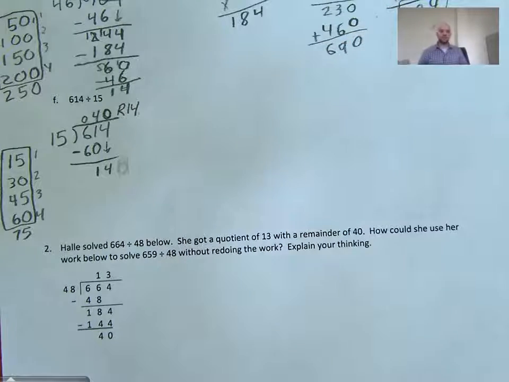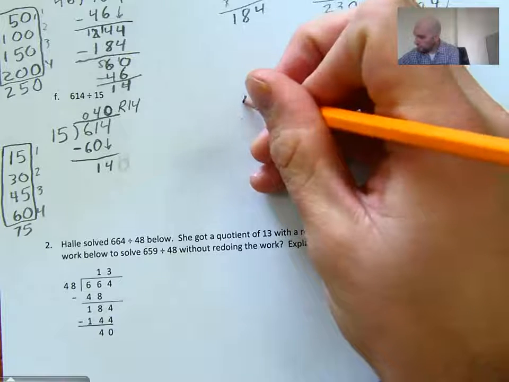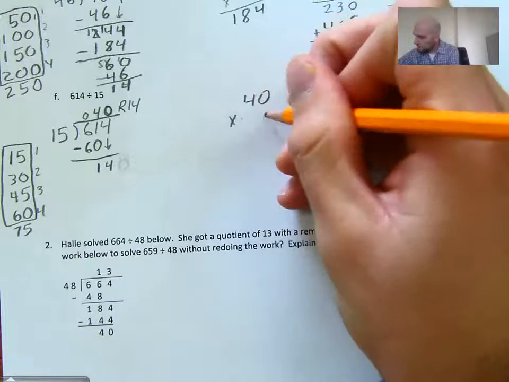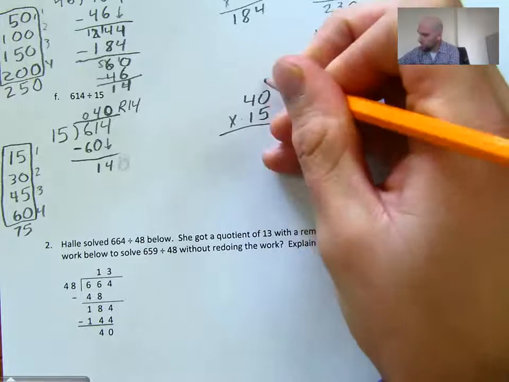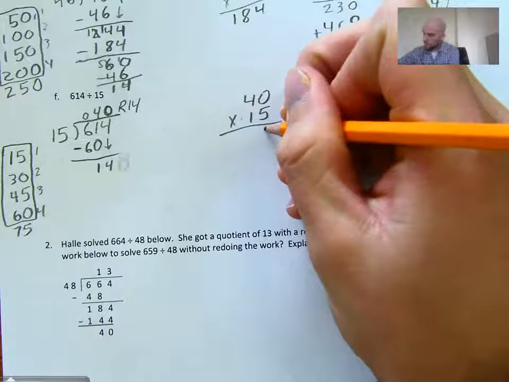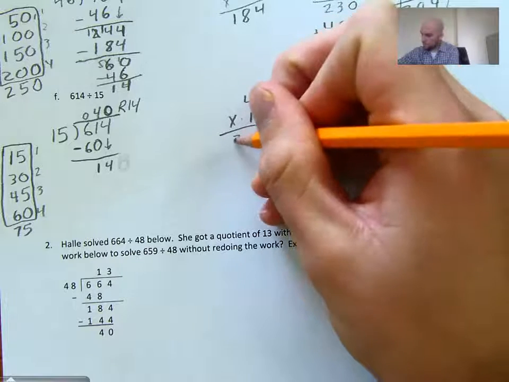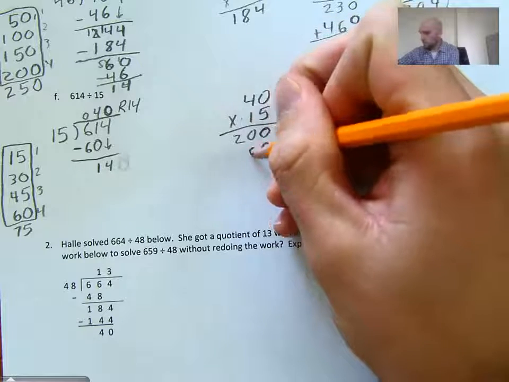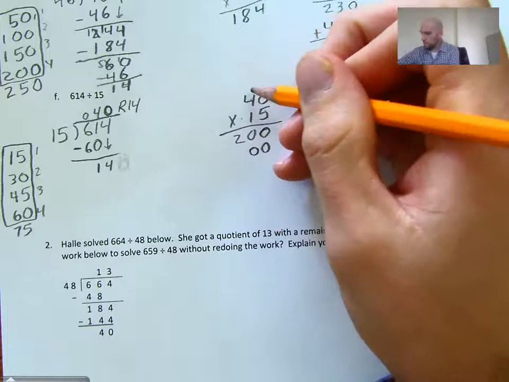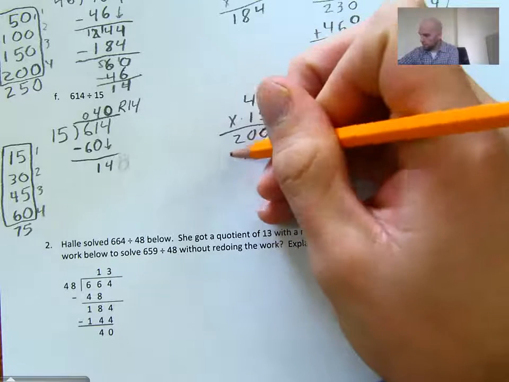So let's check it to make sure that this all works. So we do 40 times 15. And we'll get 0, 20, 0 is a placeholder, another 0. 4 times 1 is 4.